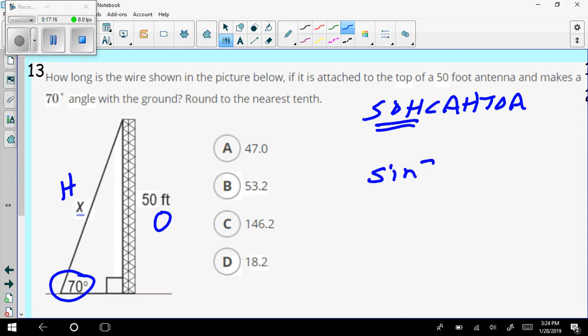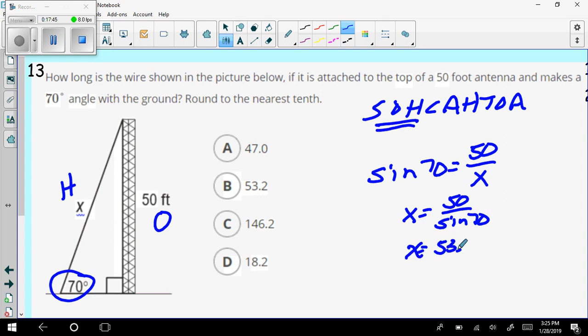So the sine of our angle, 70, equals the opposite, 50, over the hypotenuse, that's x. Switch the two values because we're dividing by the variable. So x is equal to 50 divided by the sine of 70. And that's going to be 53. So our answer is going to be B.